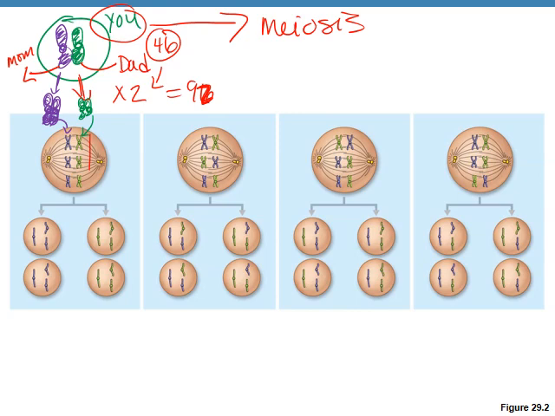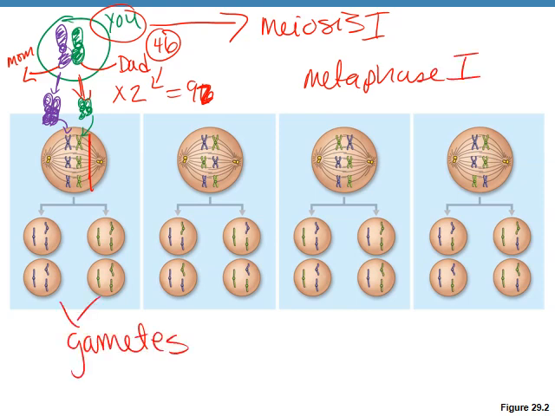So what's happening here? They're all lining up. This is meiosis 1, metaphase 1. You're making gametes. The whole point is making gametes, right? So this is your cell making gametes, but we're looking at these color codes. They're based on your genetic information that you got from your parents.